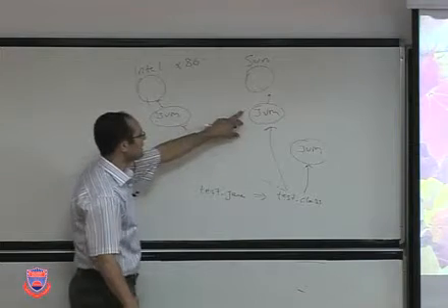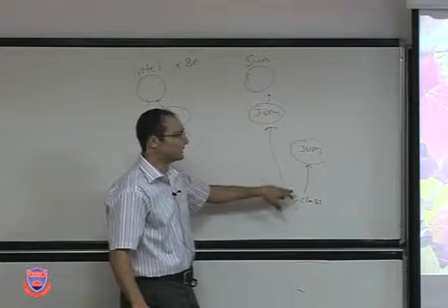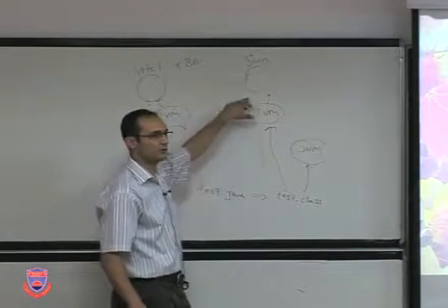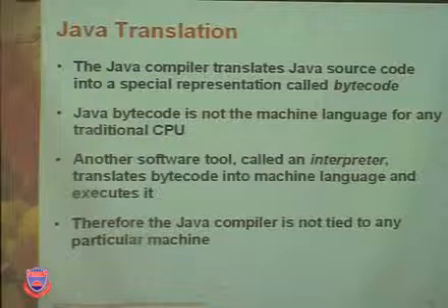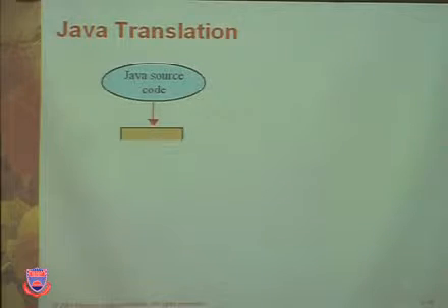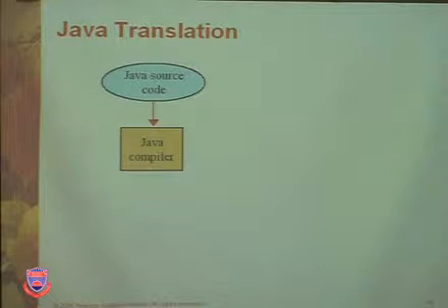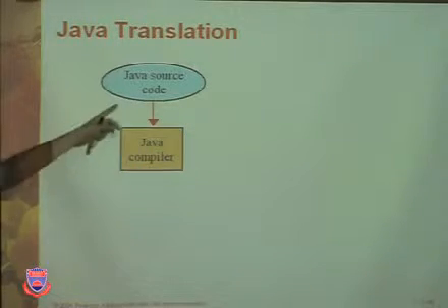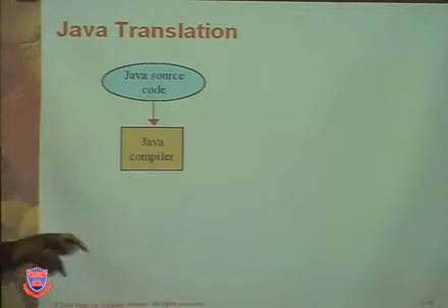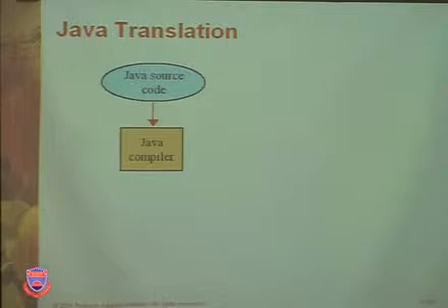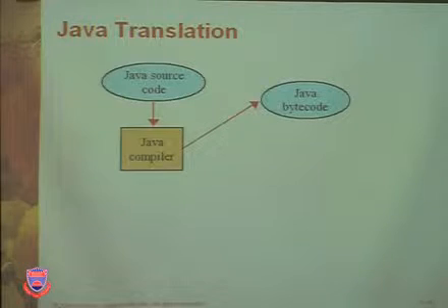So this JVM actually interprets whatever you have in bytecodes into the machine language. That's what we use the JVM for. I will have here a small figure that represents what is done here. You have the Java source code, and then the Java compiler generates the Java bytecode.